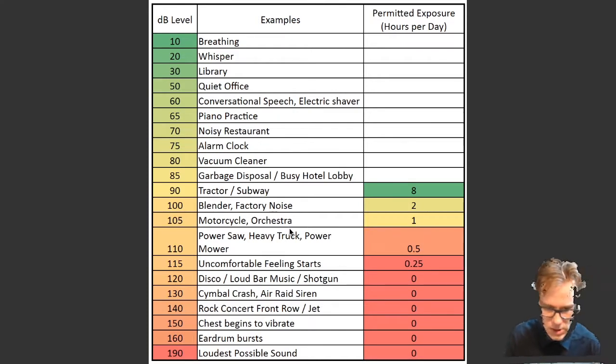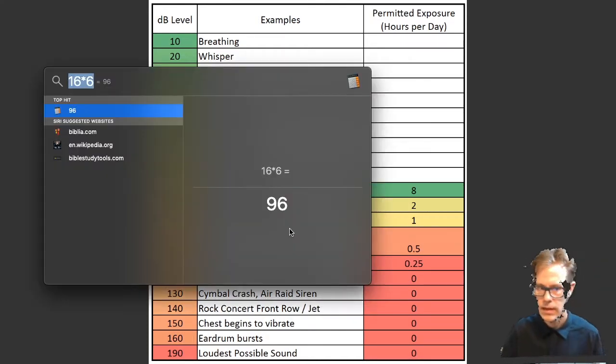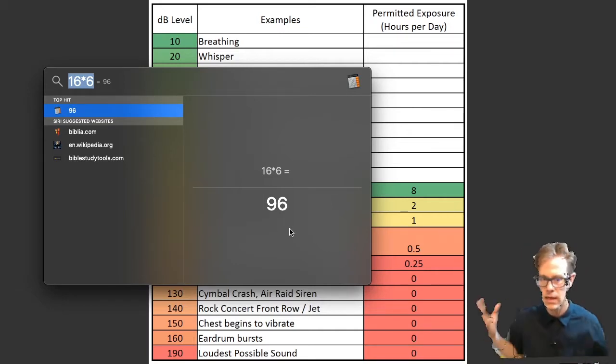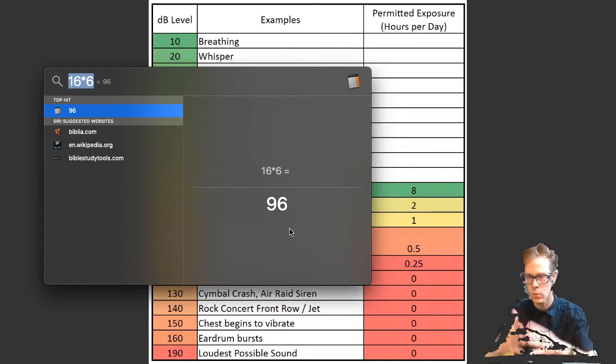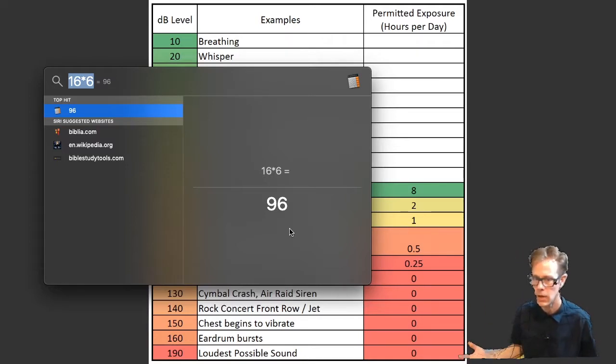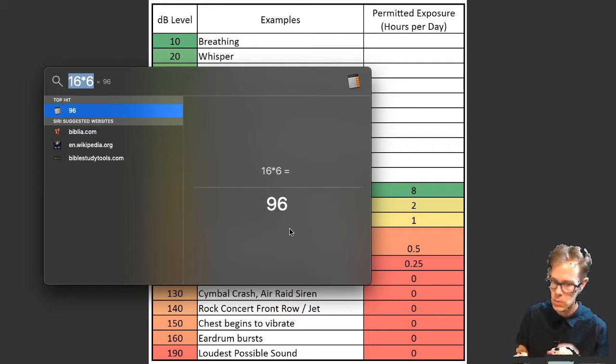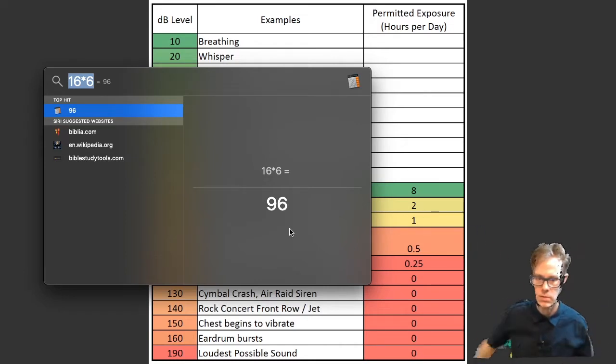Okay, so we determined that a 16-bit digital audio system has this dynamic range of 96 decibels. So let's say that we wanted to produce recordings that have a really wide dynamic range. Dynamic range refers to the difference between the quietest possible sound in your system and the loudest possible sound.